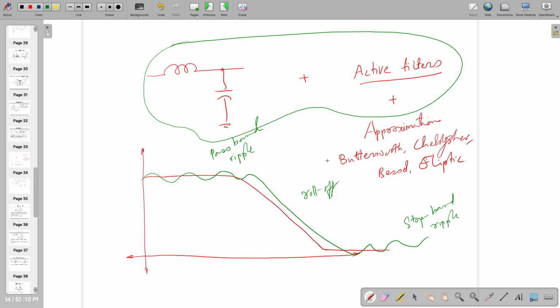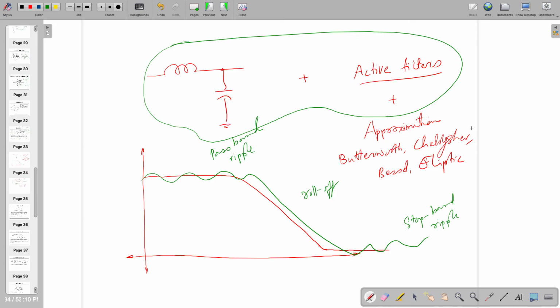If you care so much about the ripples, you should choose Butterworth. If you care so much about roll off, you should choose Chebyshev. These are the mathematical approximations through which the locations of poles and zeros come at different places.